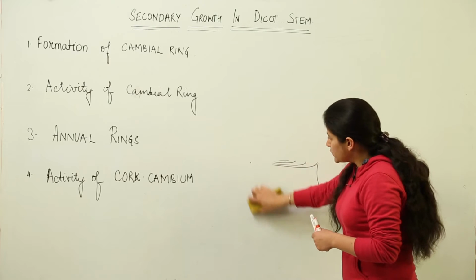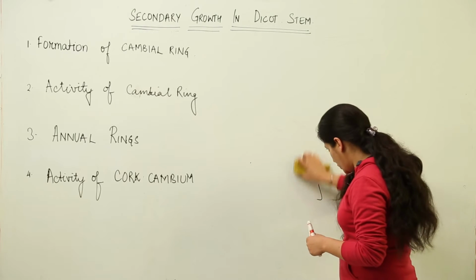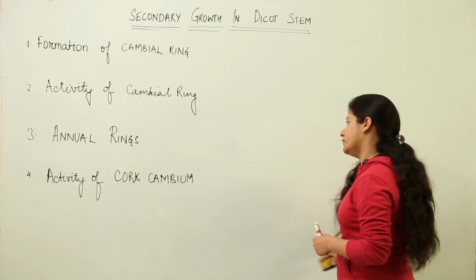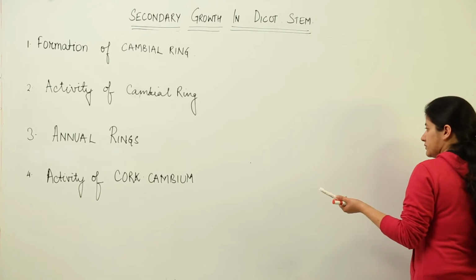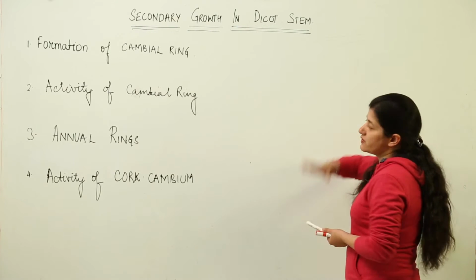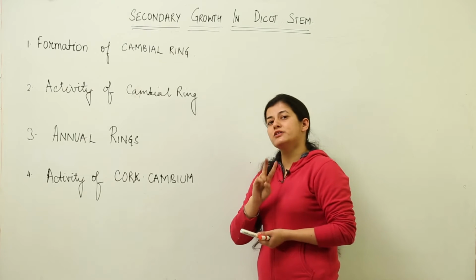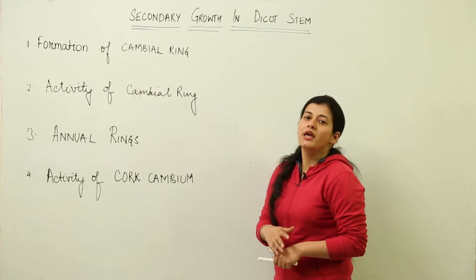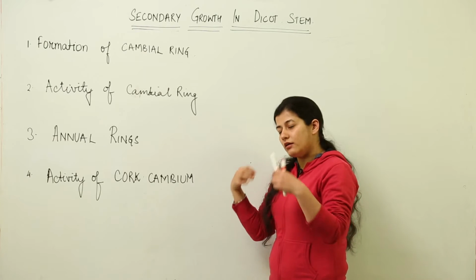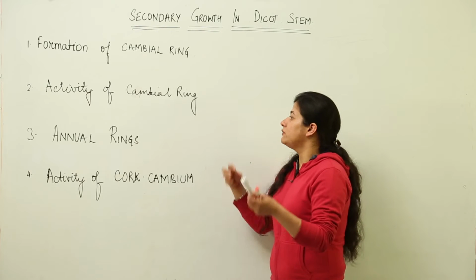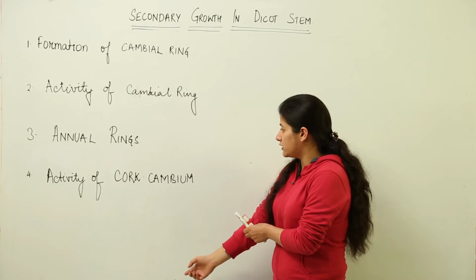Because we are dealing with growth, if you recall from previous classes, there are two factors responsible for growth in any organism. It could be any organism, animal, plant, simple protozoan.